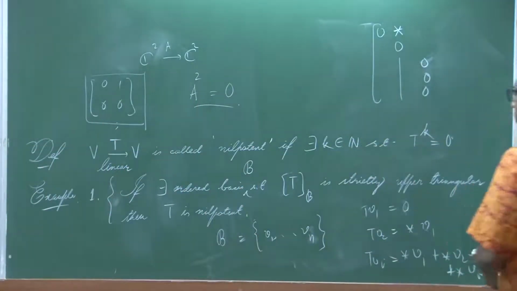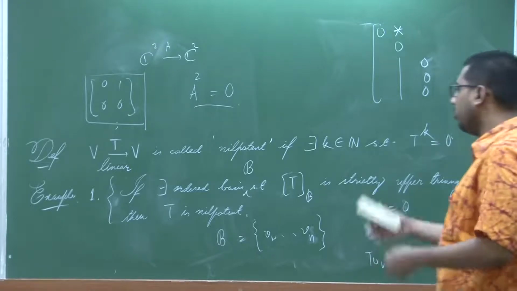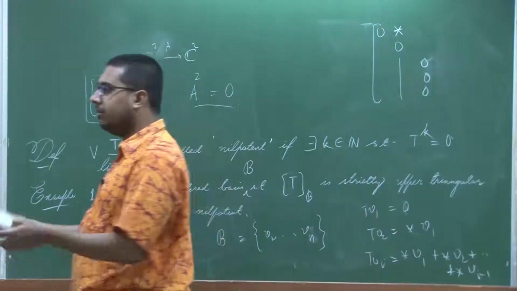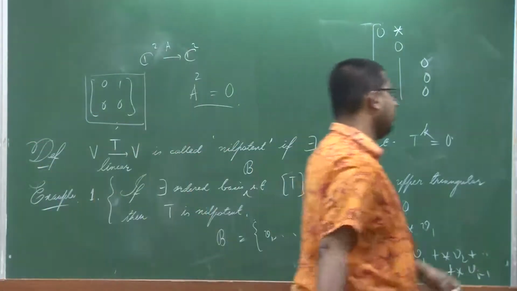So, we know how to generate a nilpotent operator, namely we start with a strictly upper triangular matrix, and the corresponding operator is a nilpotent operator.